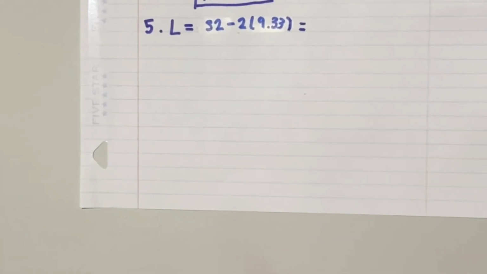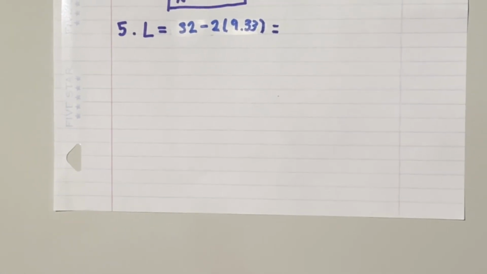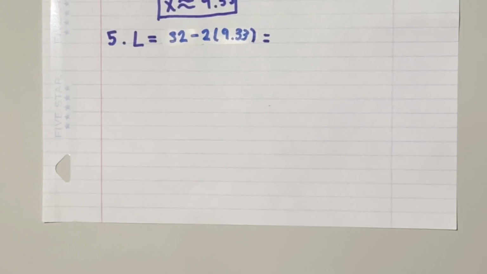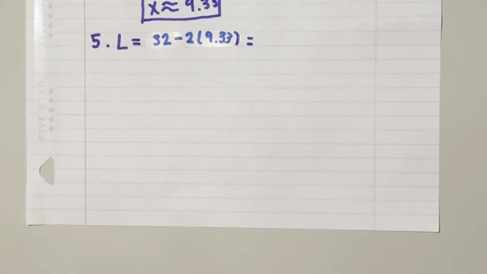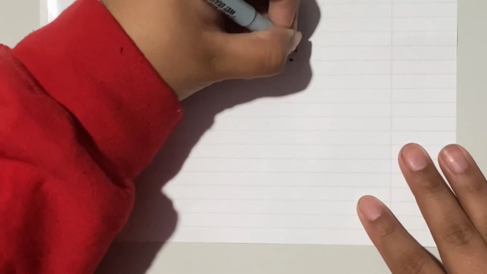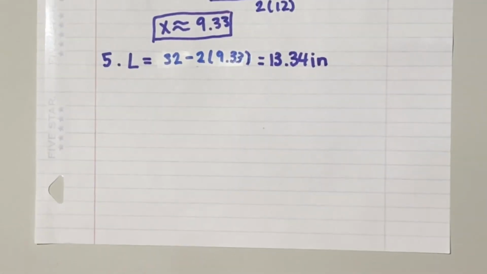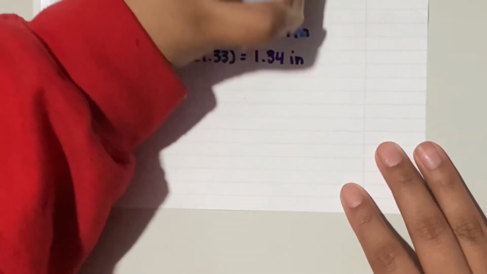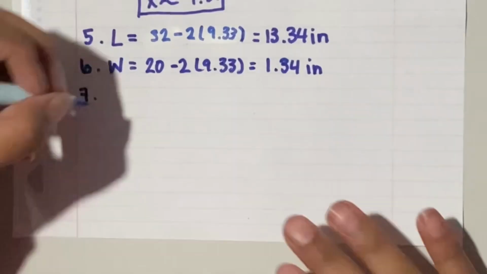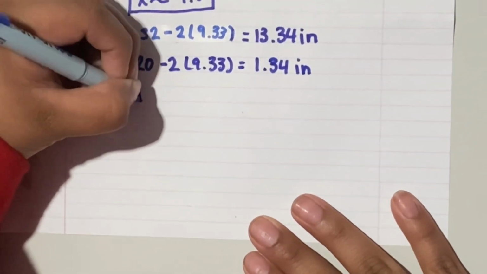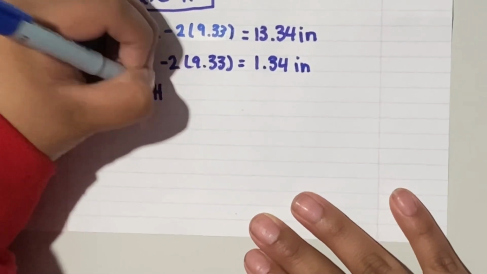Now to find the new length, we must go back to our original length, which is 32, and then we must do minus 2 times 9.33, which gets us 13.34 inches. So that is our new length, 13.34 inches. So this is our new width. Now to find our volume, we're going to multiply our length, our width, and our height.